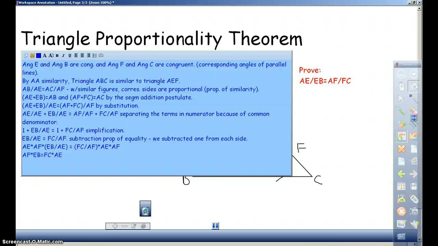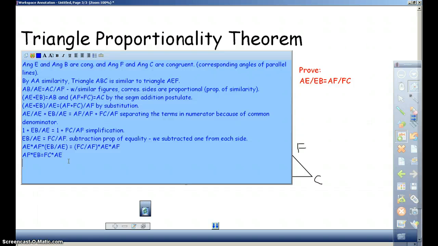Now, this was the multiplication property of equality. It says that if we multiply the same thing on both sides, they're still equal. And now we just simplified again.